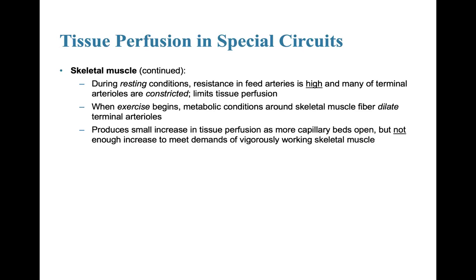During resting conditions, resistance in feed arteries is high, and many terminal arterioles are constricted. This limits tissue perfusion. When exercise begins, metabolic conditions around skeletal muscle fibers will dilate the terminal arterioles. This will produce a small increase in tissue perfusion as more capillary beds open, but not enough increase to meet the demands of vigorously working skeletal muscles.